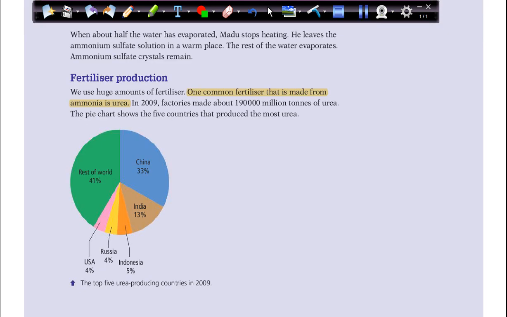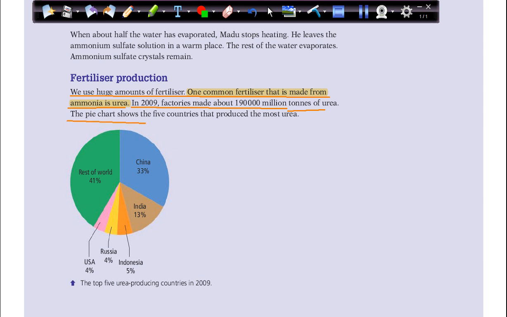Fertilizer production. We use huge amounts of fertilizer. One common fertilizer that is made from ammonia is urea. In 2009, factories made about 190 million tons of urea.